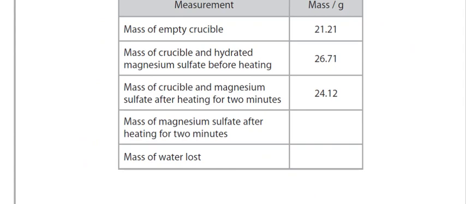The mass of magnesium sulfate after heating for 2 minutes is 24.12 minus the empty crucible, and you get 2.91. The mass of water is the difference between before and after heating: 26.71 minus 24.12, the difference is 2.59, and that is the mass of water lost.